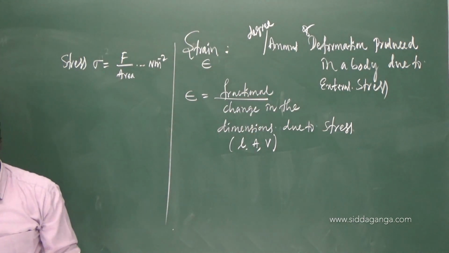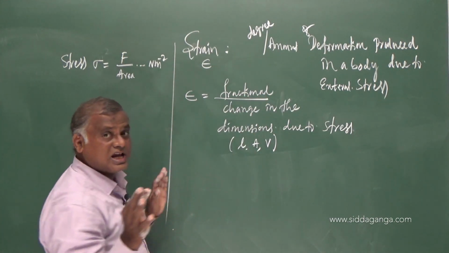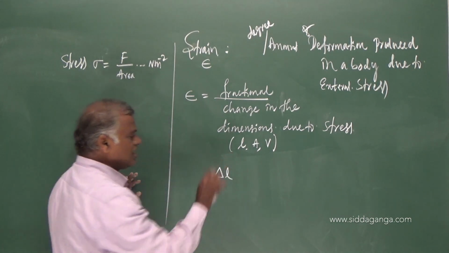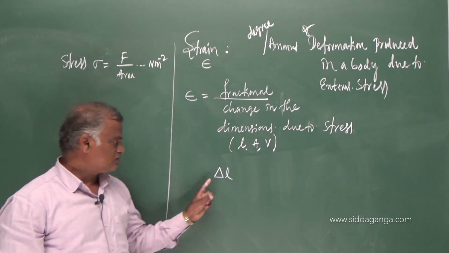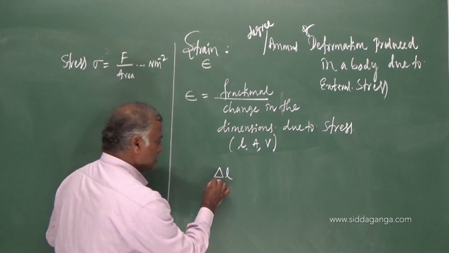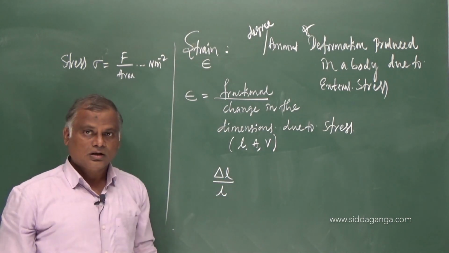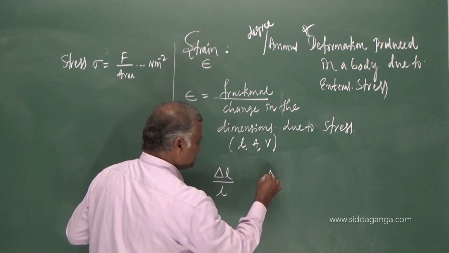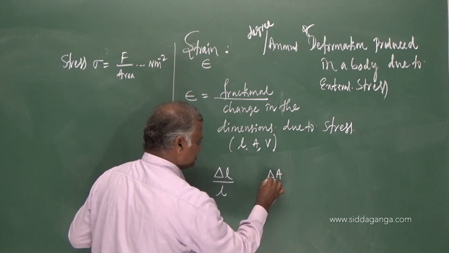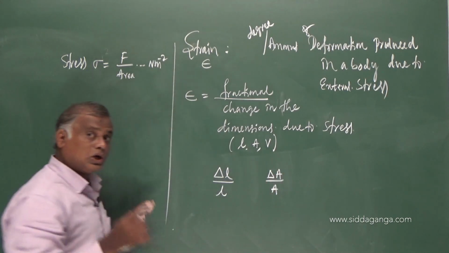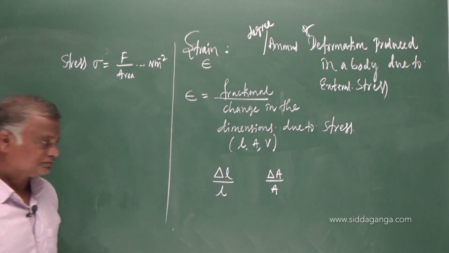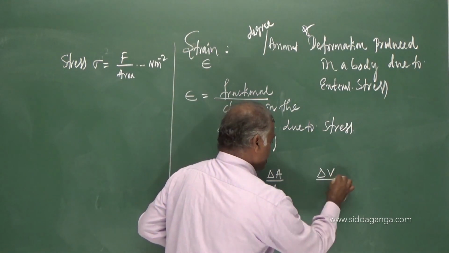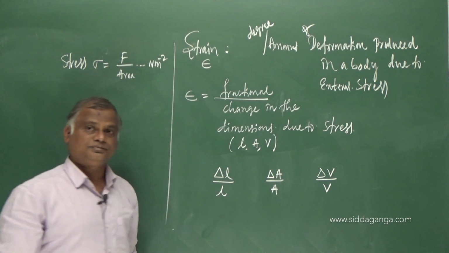Fractional change means ratio: a small change in length to the original length, a small change in area with respect to the original area, a small change in volume to the original volume.